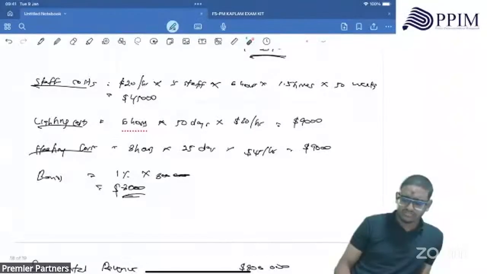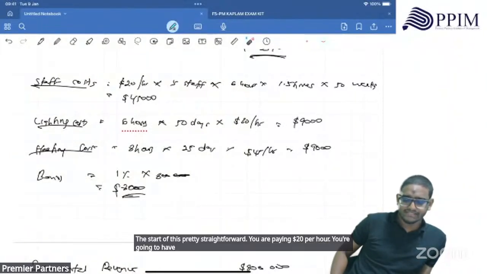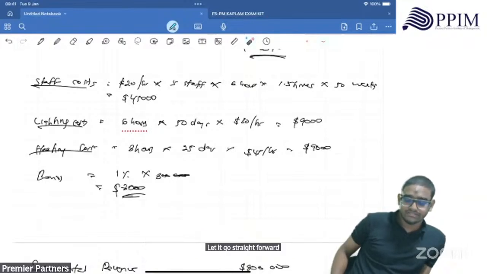The staff cost is pretty straightforward. You're paying $20 per hour. You're going to have 5 people employed there, 6 hours per day, and you're going to pay them overtime of 1.5 times. So that is a total of 45,000 for 50 weeks. Lighting cost straightforward. You on the lights for 6 hours, 50 days, 20 per hour.